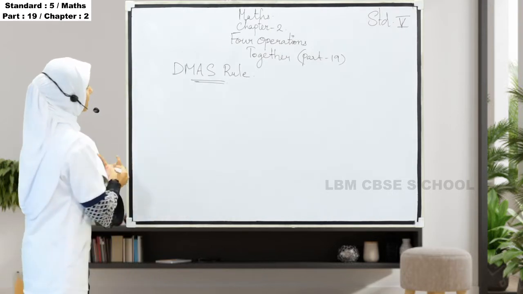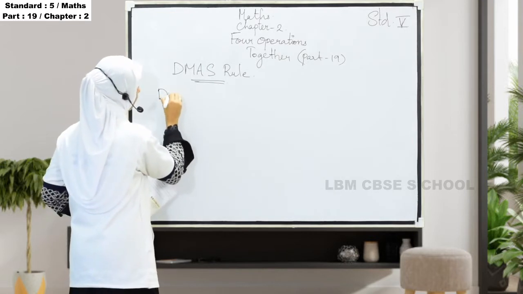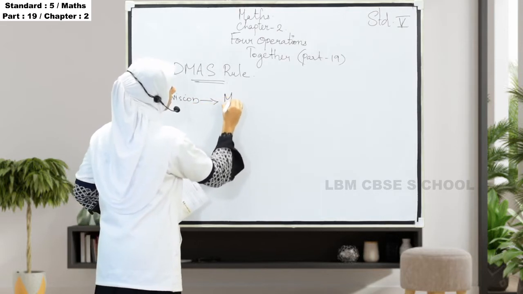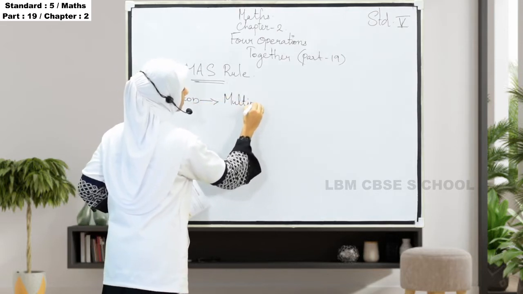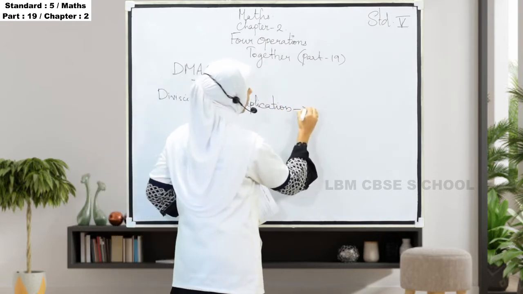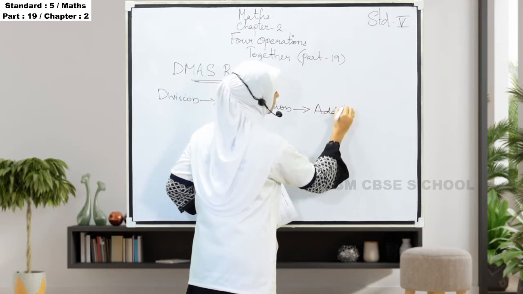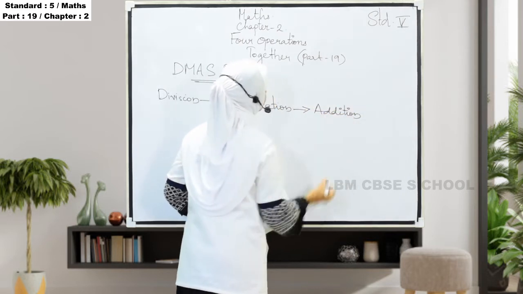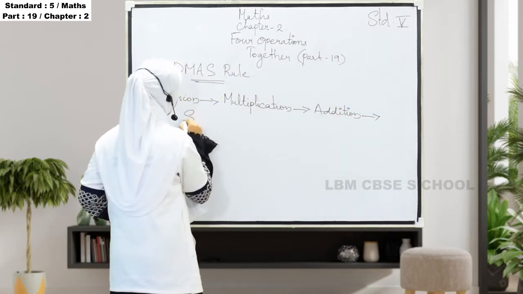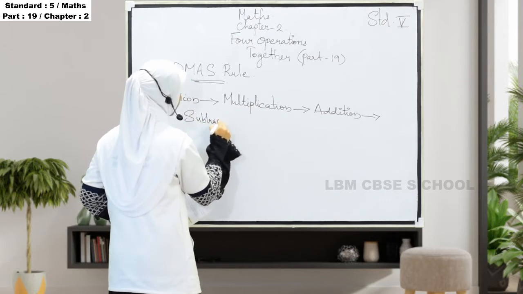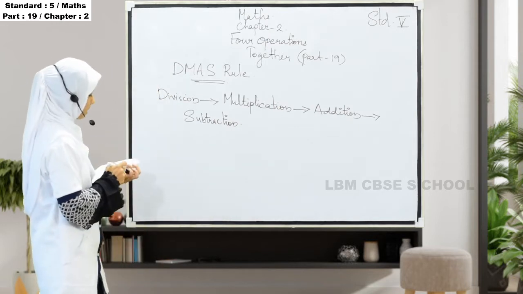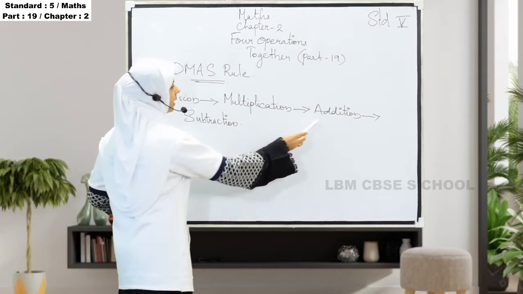D means division, then M means multiplication, A means addition, and S means subtraction. So division, multiplication, addition and subtraction.